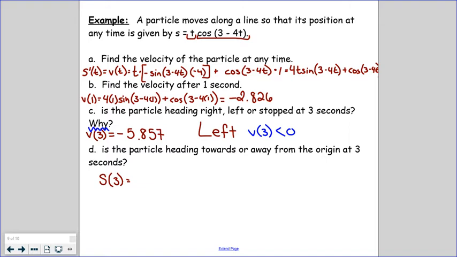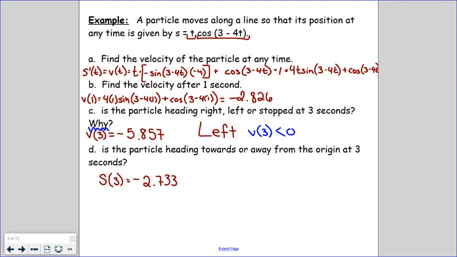So go back up to your original function. Let's find our position at time equals 3, and then we can answer our question here. So remember, the position function, our particle is not following that graph.